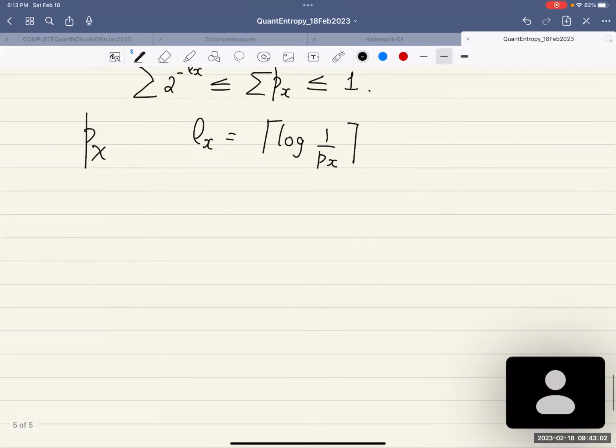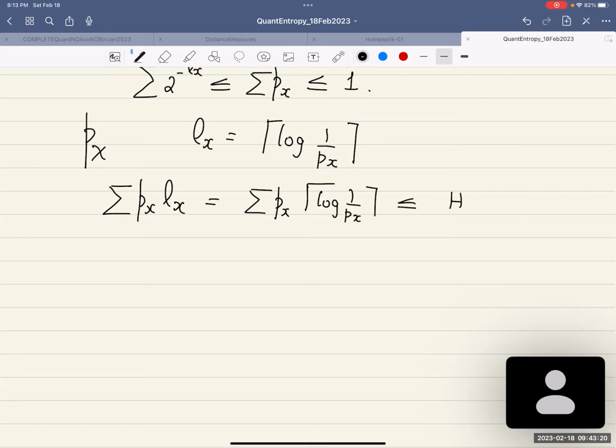Okay. What is the summation of Px Lx in this case? It is the summation of Px times the ceiling of log 1 by Px. So this is at most H of Px plus... how do you get 1?